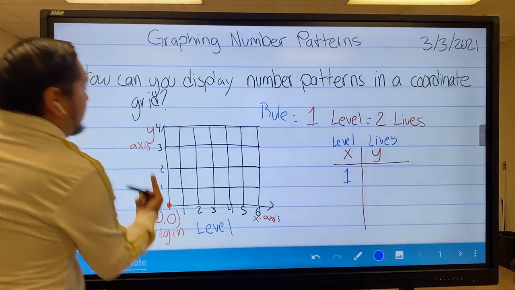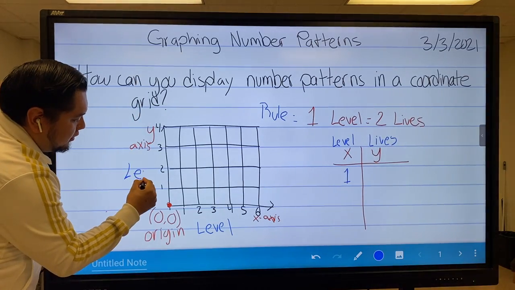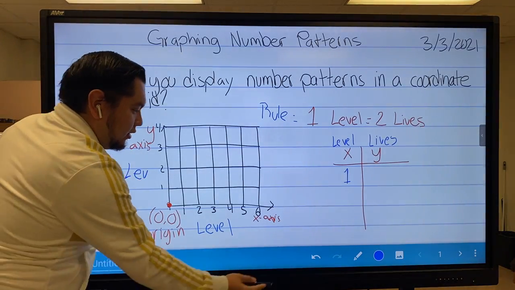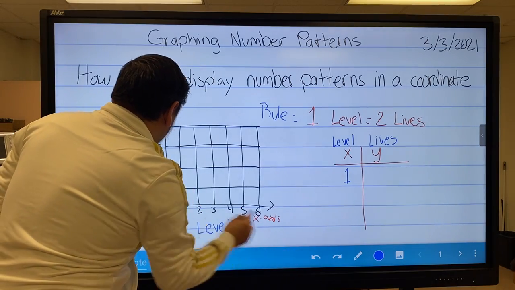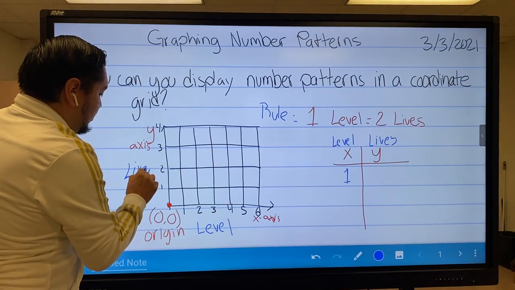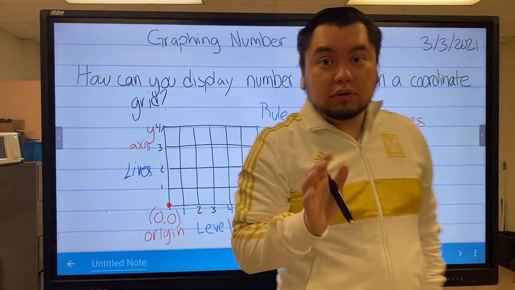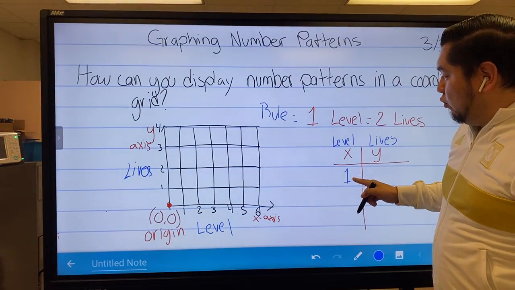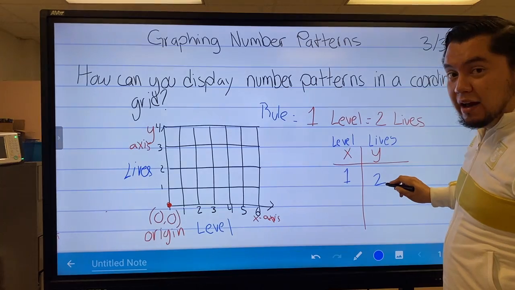So the values on my y-axis represent the lives, okay? Now, 1 level equals 2 lives.